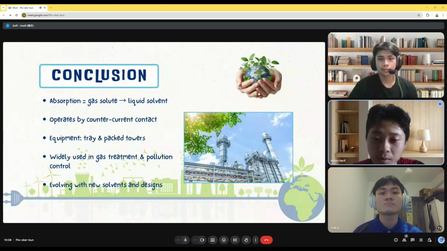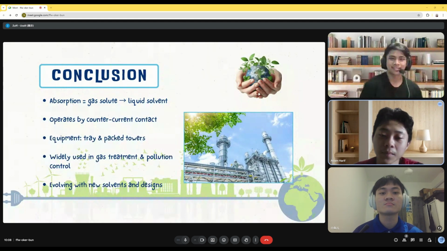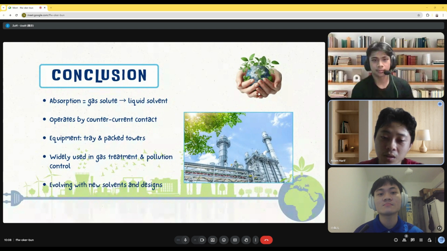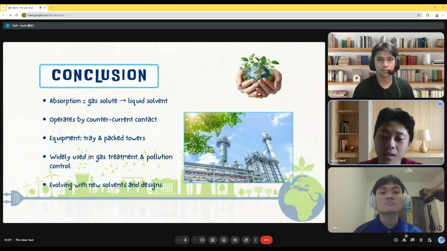All right, that wraps up our presentation on gas liquid absorption. To sum everything up, absorption is all about transferring a gas solute into a liquid solvent through counter current contact. It is carried out using either tray towers or packed towers, both designed to maximize the interaction between gas and liquid.